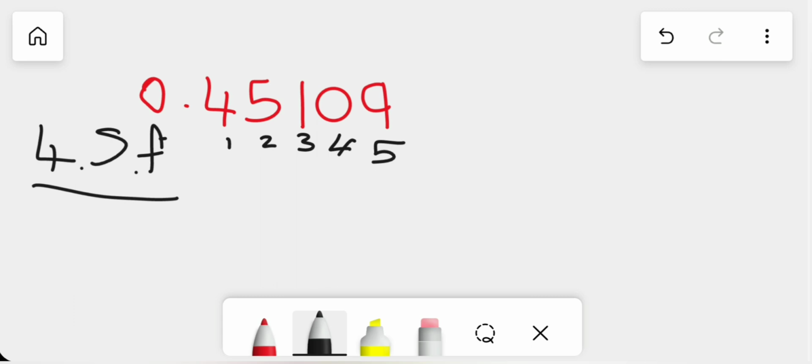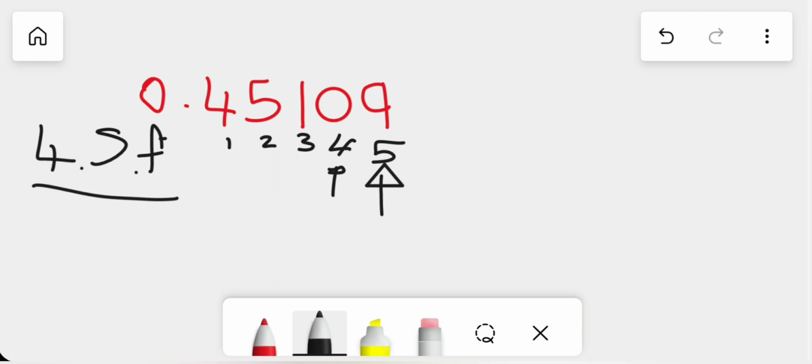First of all, we are interested in the number in the 4th position, which is a 0. And we're going to be using our indicator. The indicator in this case is the 9. Now, is the 9 greater than or less than 5?